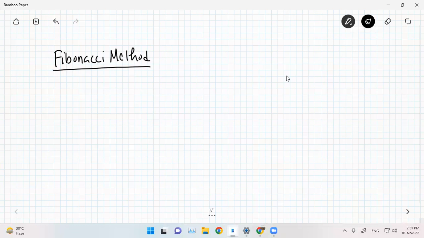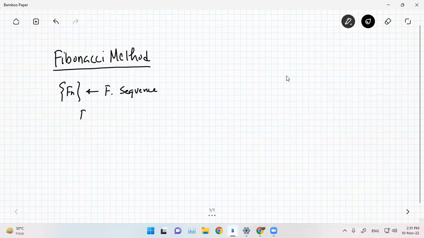So whatever it is, Fn is given the sequence. This is what is called the Fibonacci sequence.